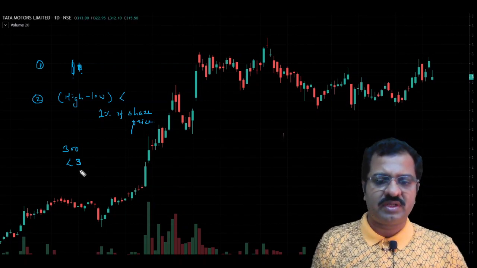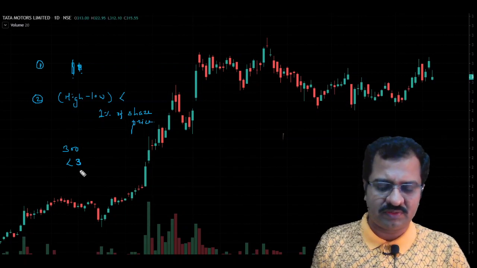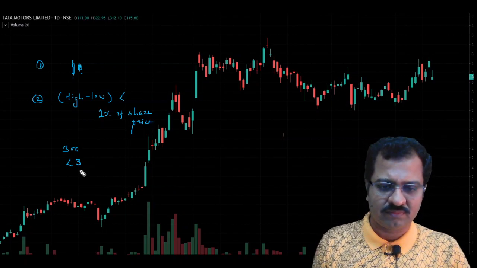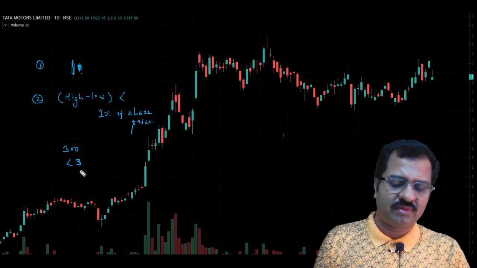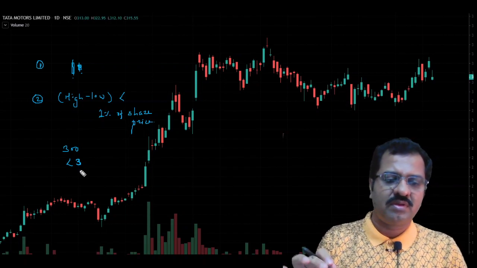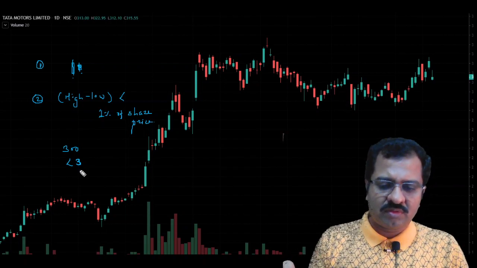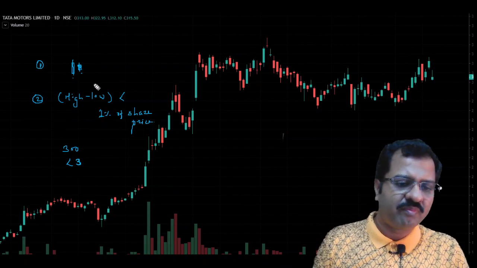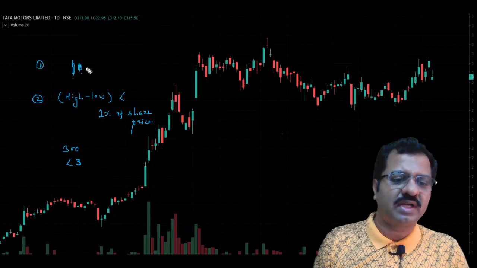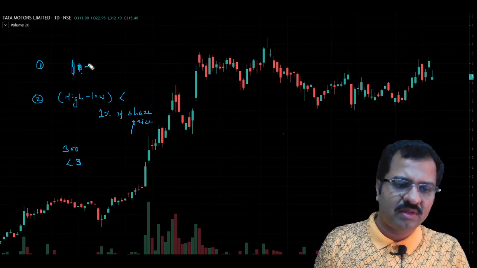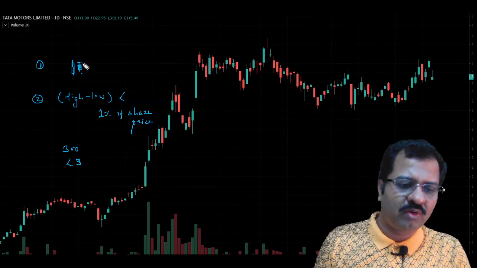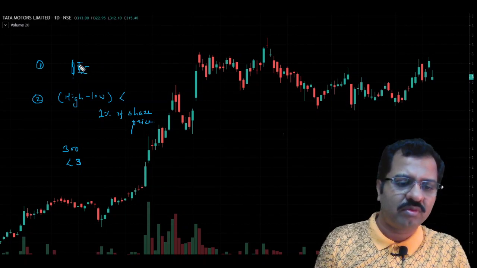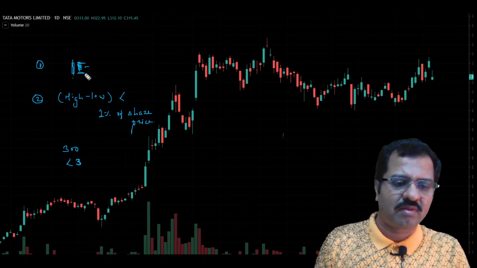Next day morning, you have to do a simple thing. If the share price opens between the high and low of this candle, okay, if the share price opens here, it should open below the high and above the low of this candle.